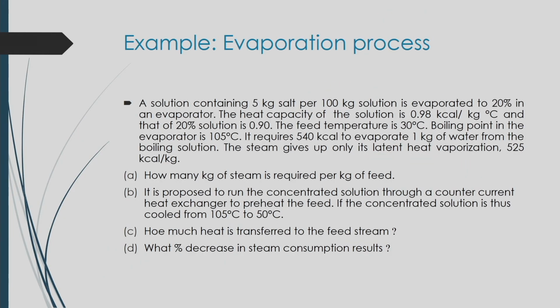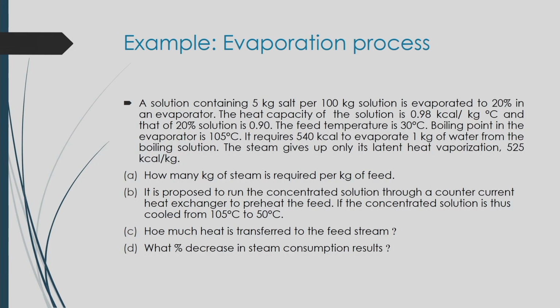Now, let us do another example of an evaporation process based on this energy balance equation. In this case, consider that a solution that contains 5 kg salt per 100 kg solution is evaporated to 20% in an evaporator. The heat capacity of the solution is 0.98 kilocalorie per kg degree Celsius, and that of the 20% solution is 0.90.